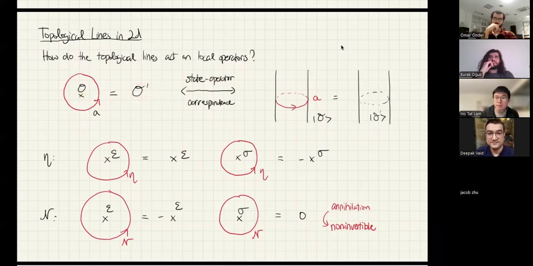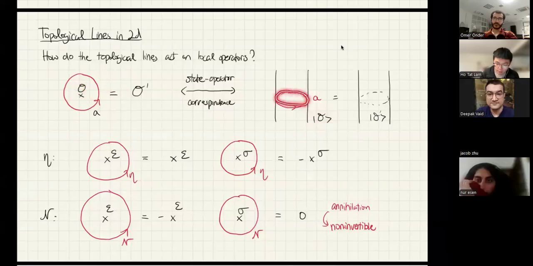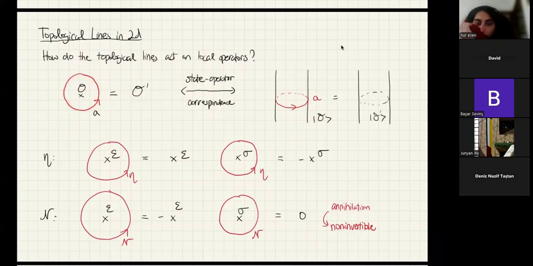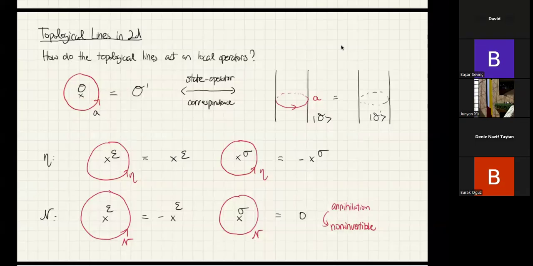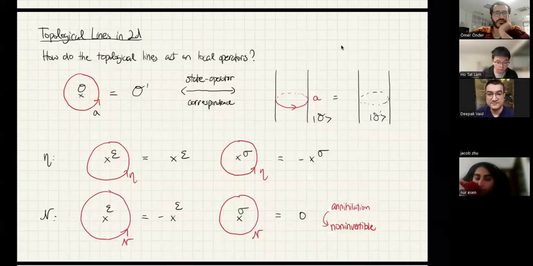The reason why this defines the symmetry action on operators is that by the state-operator correspondence, you can map the plane to a cylinder, and the operator is mapped to a state. Applying a symmetry operator to the state, like surrounding it on the cylinder, is essentially like surrounding the local operator with the line operator, and it will map you to different states. So that's why the symmetry action on the cylinder is mapped to the surrounding action around local operators.